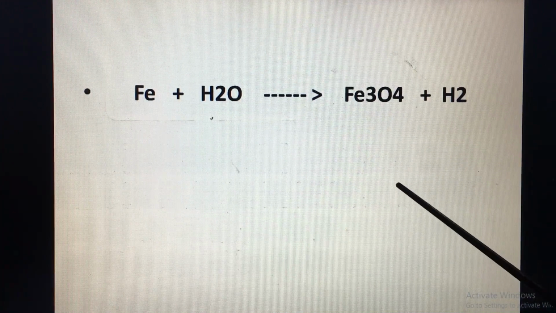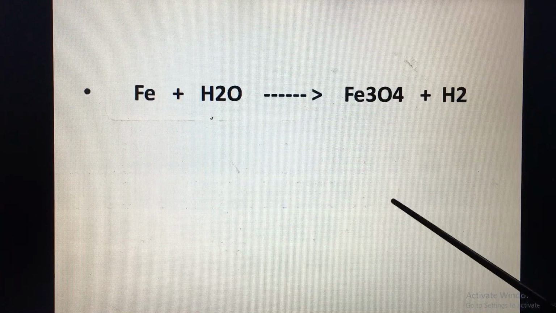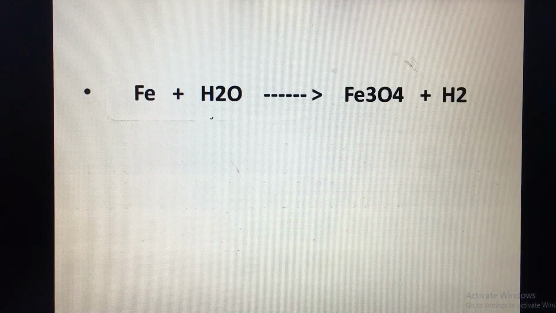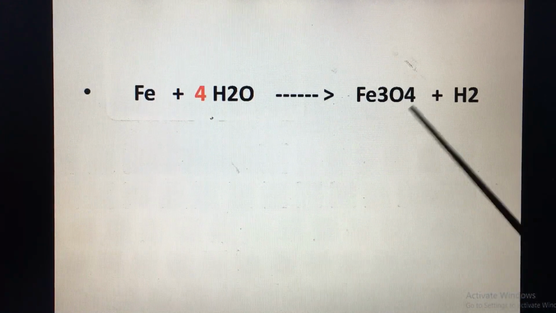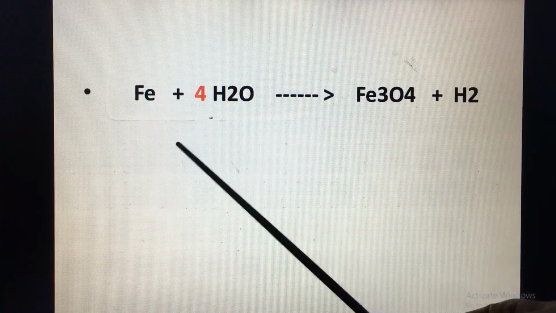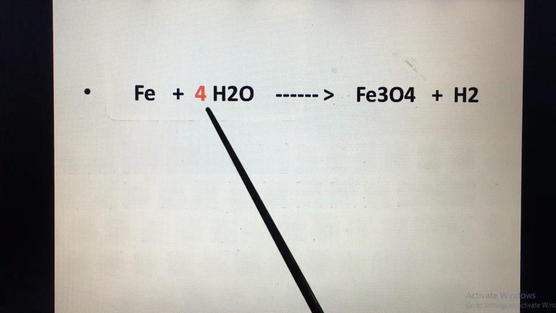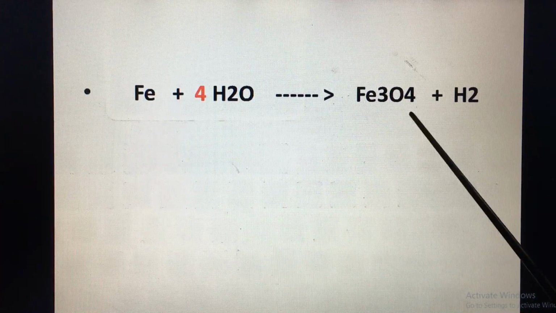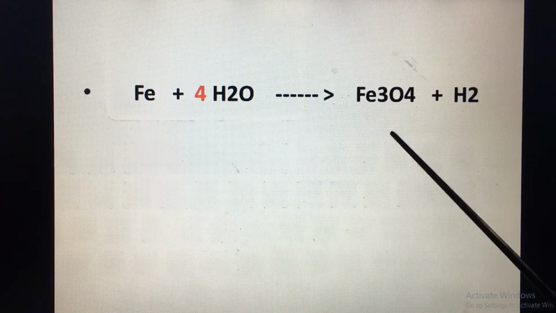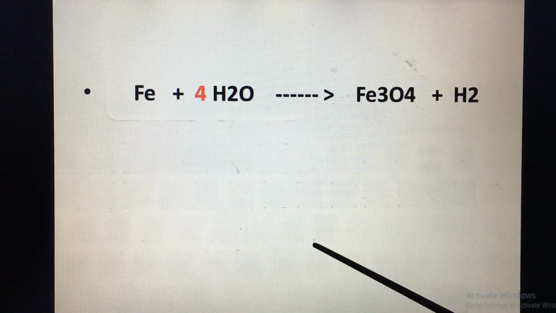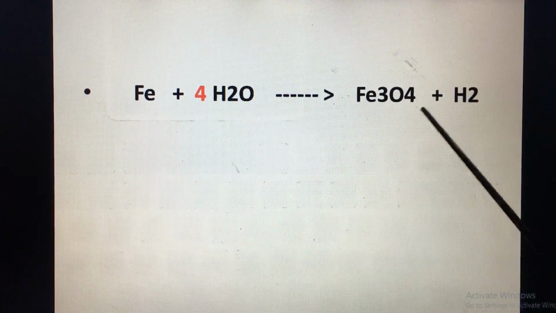So let's start with oxygen first. To balance the oxygen, we need to multiply by 4 here. So that will become 4 oxygens. So now we get 4 oxygen here and 4 oxygen atoms here. So 4 oxygen on the right and 4 oxygen on the left.